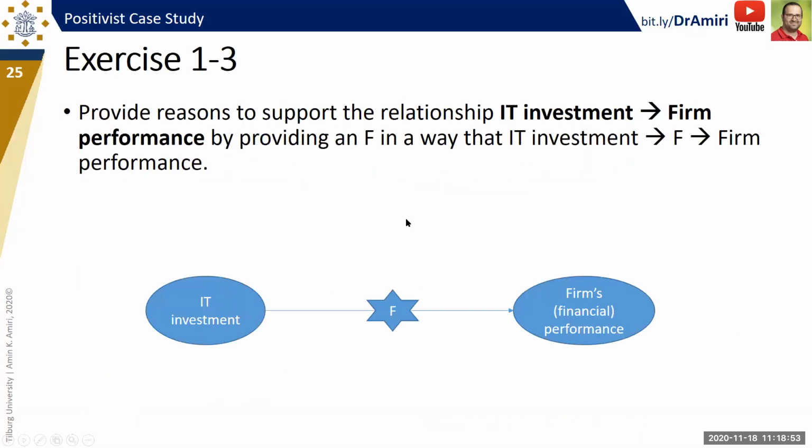Okay. You have two constructs. This is the relationship. Increasing IT investment will positively influence firm's financial performance. What Fs can you suggest in between the two, so that improving IT investment will improve F and improving F will improve firm's financial performance?